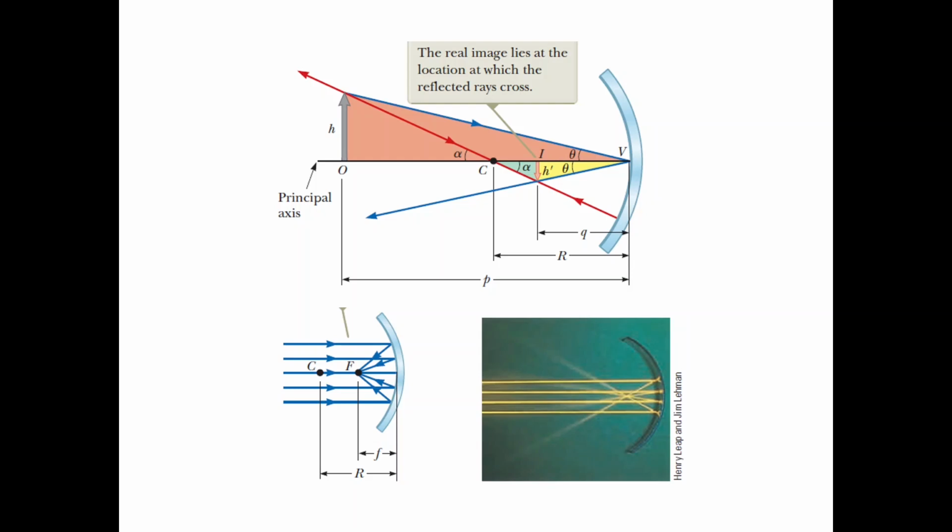Taking this into account, let us now write the expression for the magnification. Let's write first that tangent theta can be given as h divided by p, as we mentioned, and also tangent theta can be given as minus h prime divided by q.